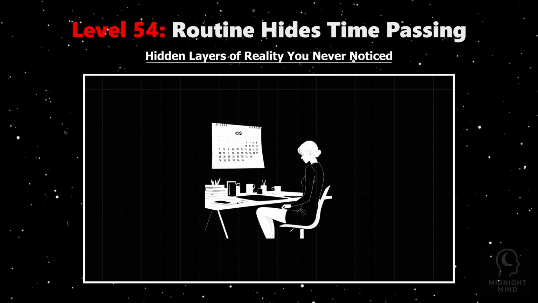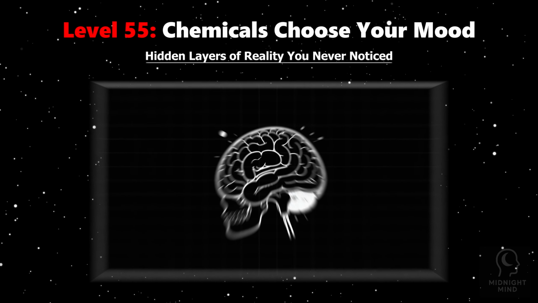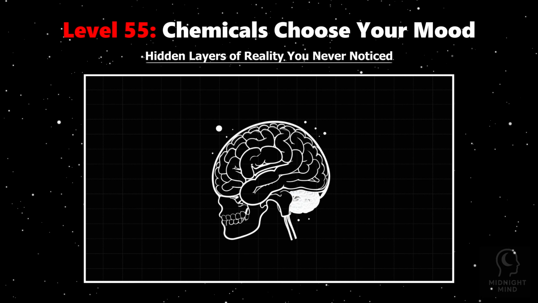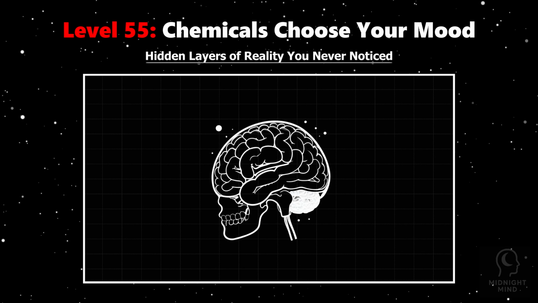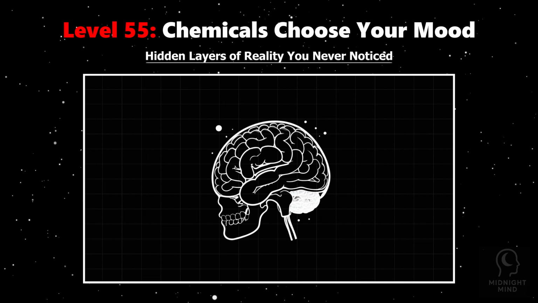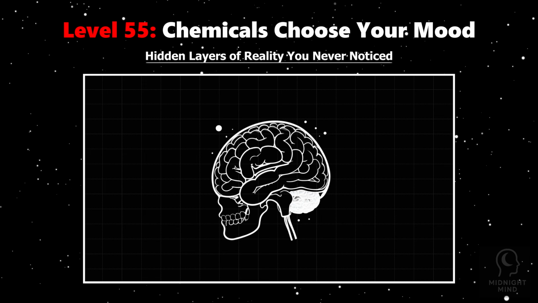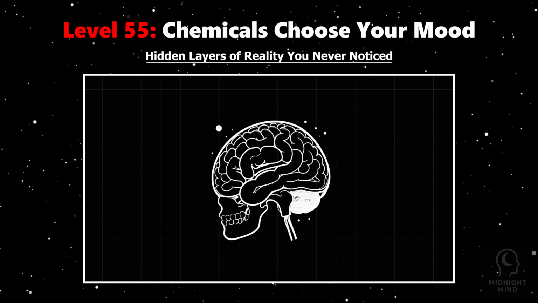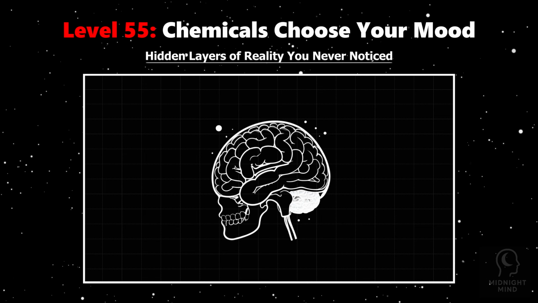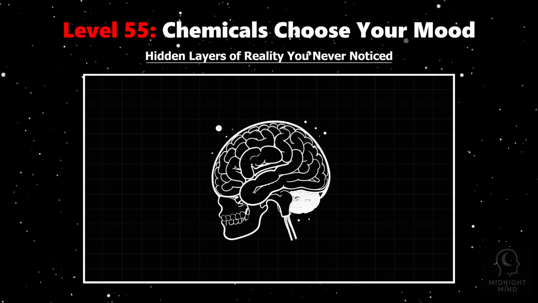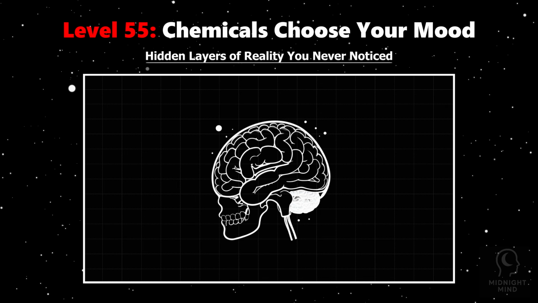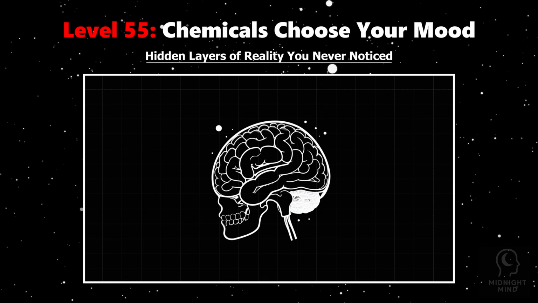Imagine your emotions aren't entirely your own, that beneath every feeling lies a hidden orchestra of chemical signals conducting your mood. Science reveals that what feels like free, spontaneous emotion is often shaped by factors beyond conscious control: gut bacteria, sleep quality, and unseen molecular messengers in your body.